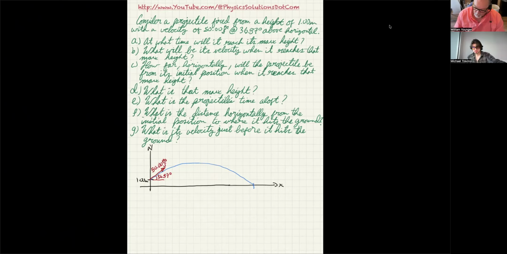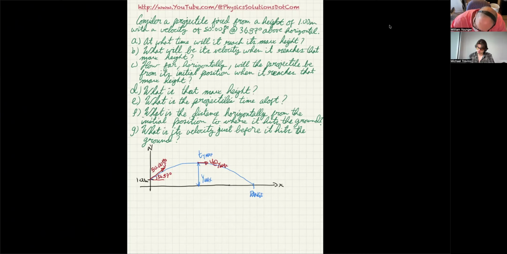Okay, so the distance that it traveled horizontally is called the range. So I'll write range right here. The max height is y max. The time at which that occurs is t y max. And of course, it's going to have a specific velocity v at y max right there as well.